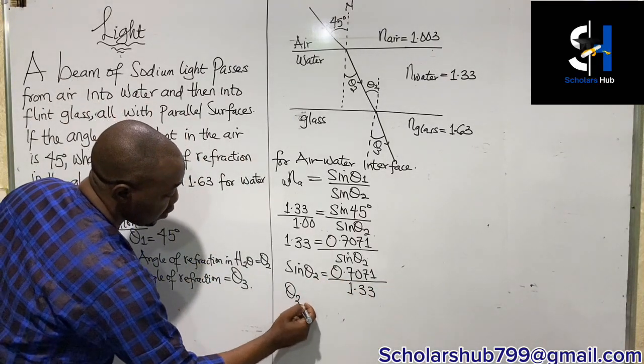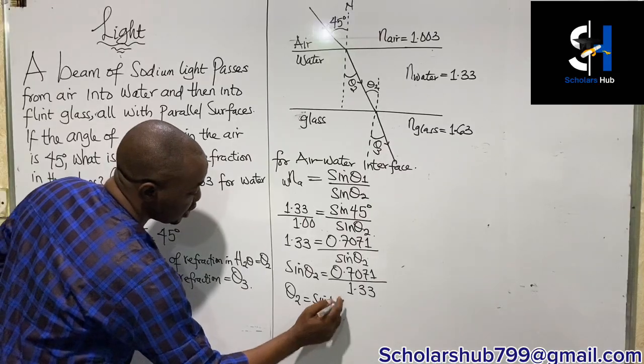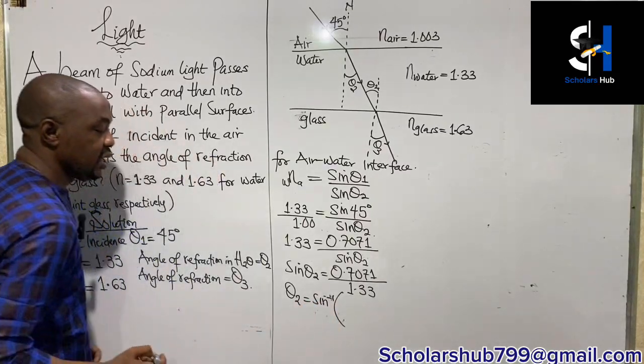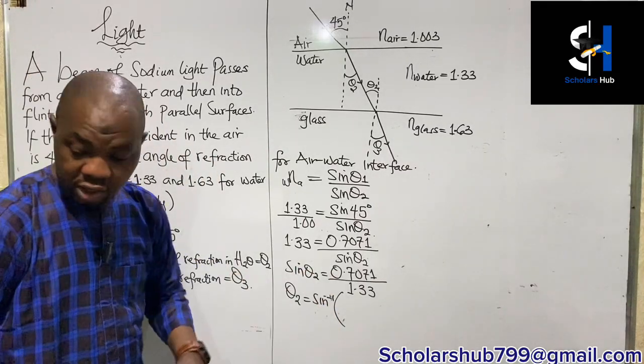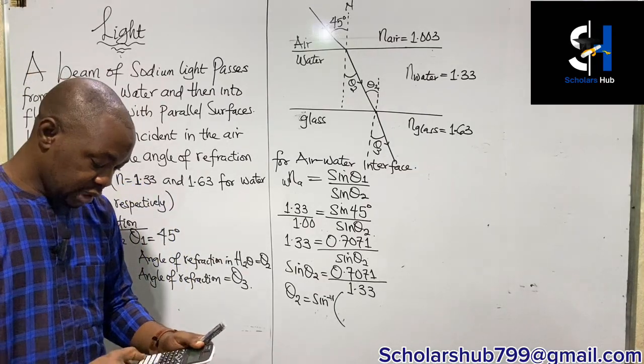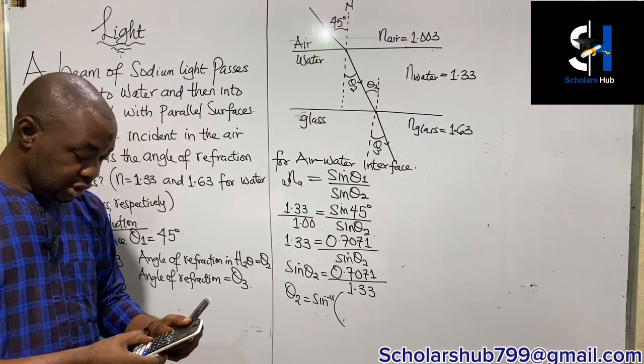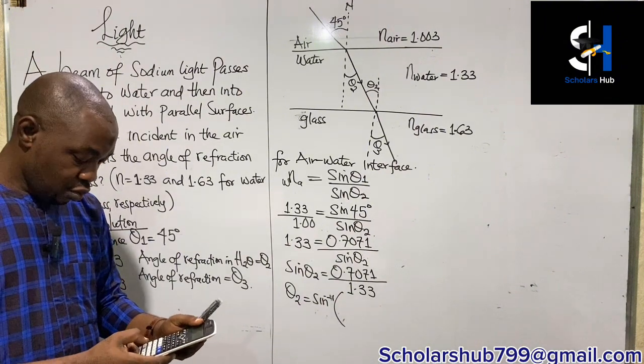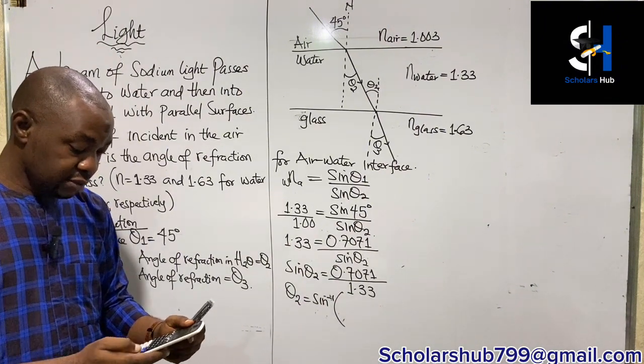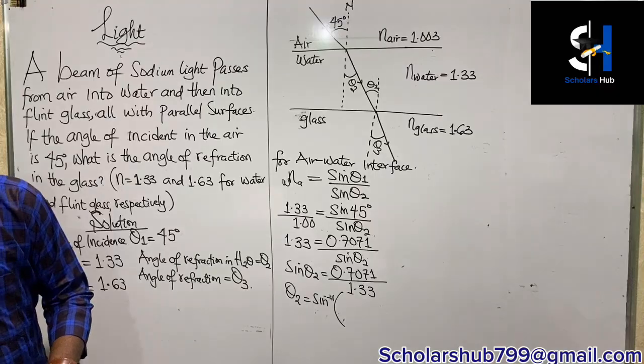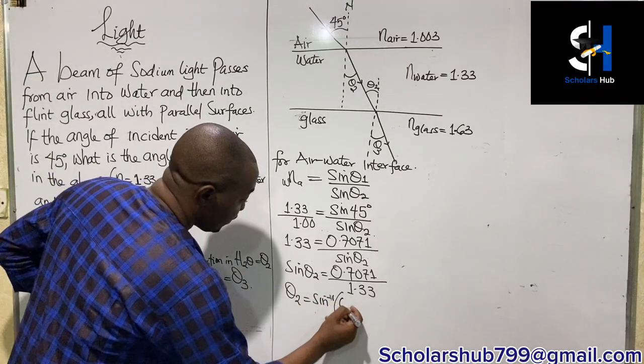Now, to obtain the value of the second angle, that will be the inverse sine of whatever we get from 0.7071 divided by 1.33, and that will be 0.5317.